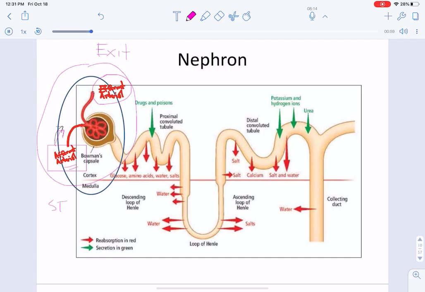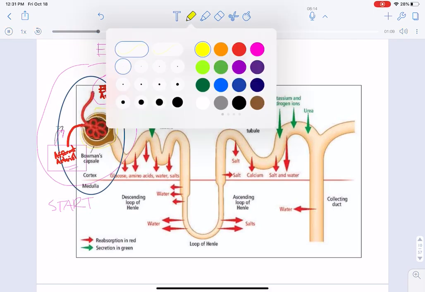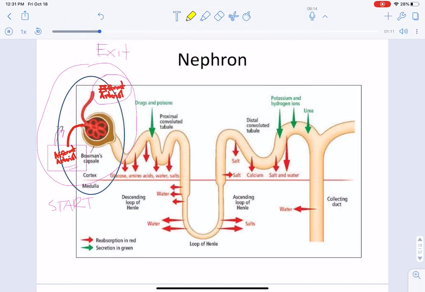The next part is the actual capsule, called Bowman's capsule, the nephron capsule, or renal capsule. Then you get to the actual nephron tubule. The first part is the proximal convoluted tubule, or the PCT.